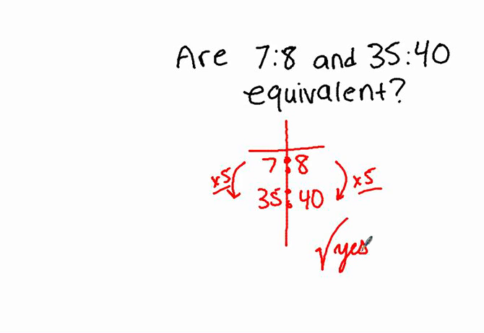The other way you could do it is to look at a tape diagram. It's a strategy that you need to know because you're going to see it sometimes, and you're going to have to be able to determine this.